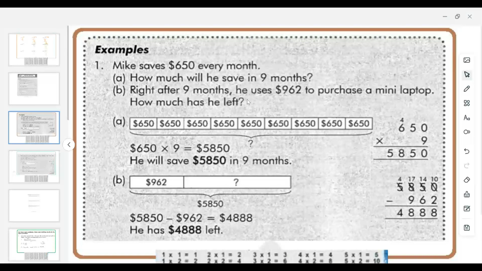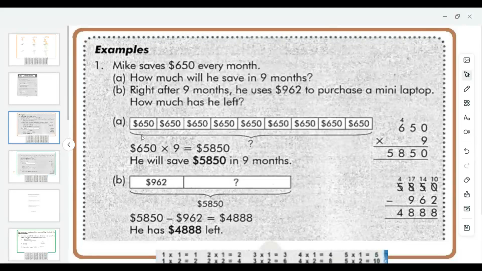These are 2 questions, right? Let's solve the first one first. How much will he save in 9 months? We already know in 1 month he can save 650. So 1 month, 2 months, 3 months, 4 months, 5 months, 6 months, 7 months, 8 months, 9 months.